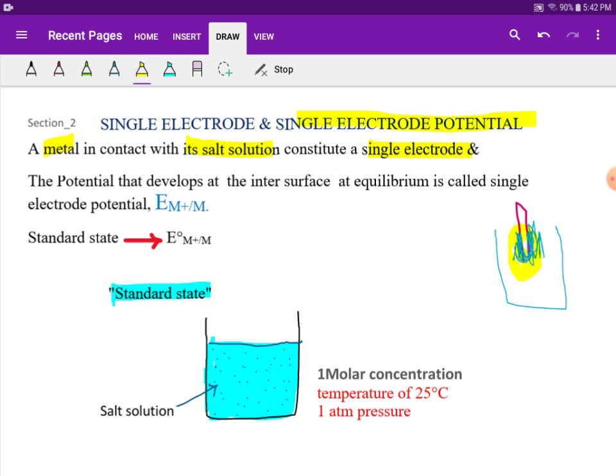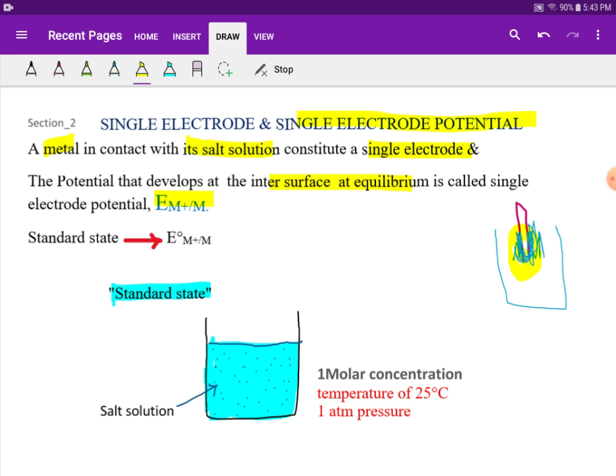That means the potential that develops at the interface at equilibrium is called the single electrode potential, represented as E(M^n+|M), or E(M+|M).